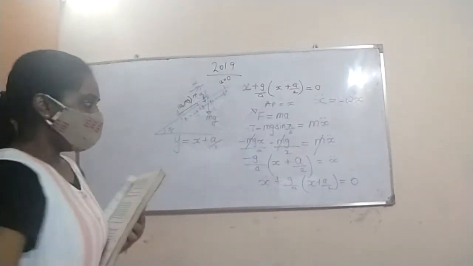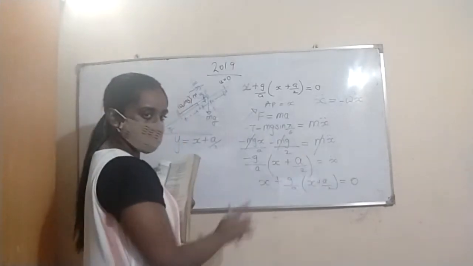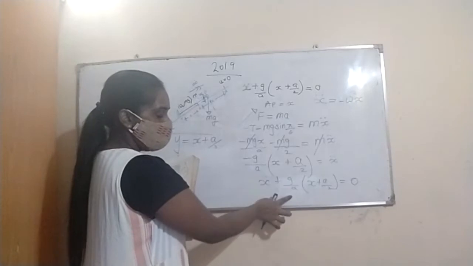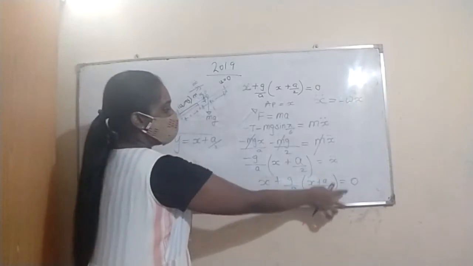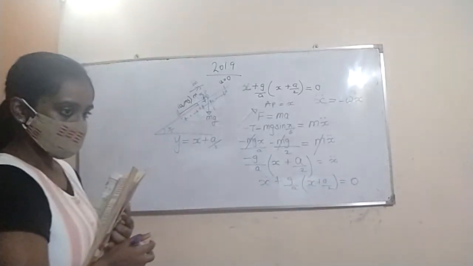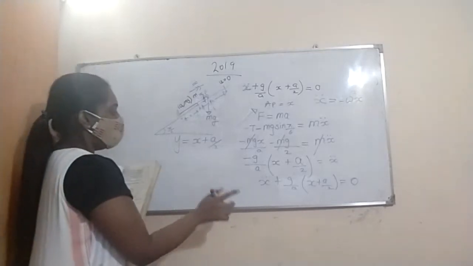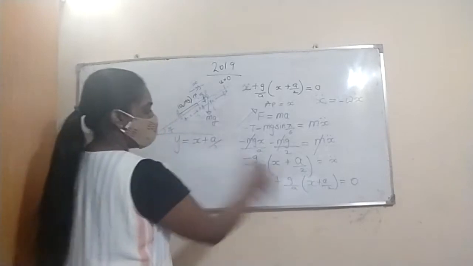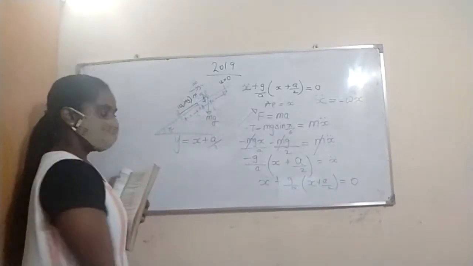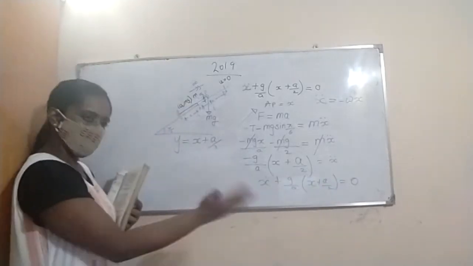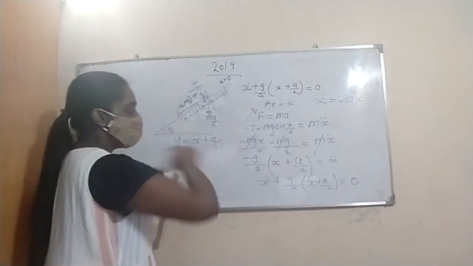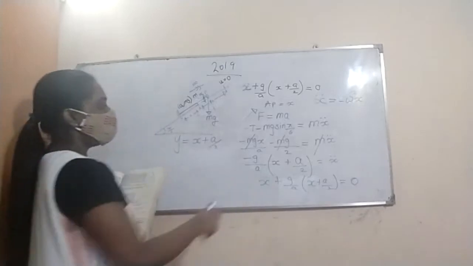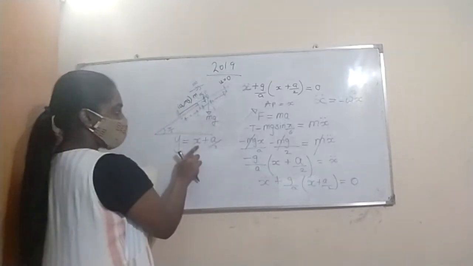Okay. Now consider this equation. What is this equation? x double dot plus g over a into x plus a by 2 is equal to 0. Here, if I put y instead of x plus a by 2, there is no problem. But are we going to keep x double dot in both equations? No, I translate everything in terms of y.